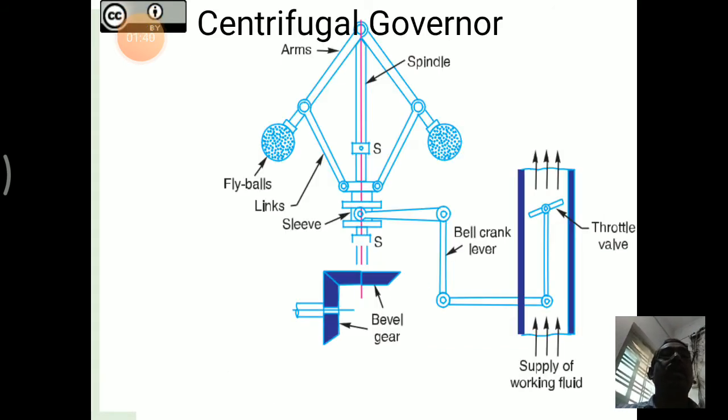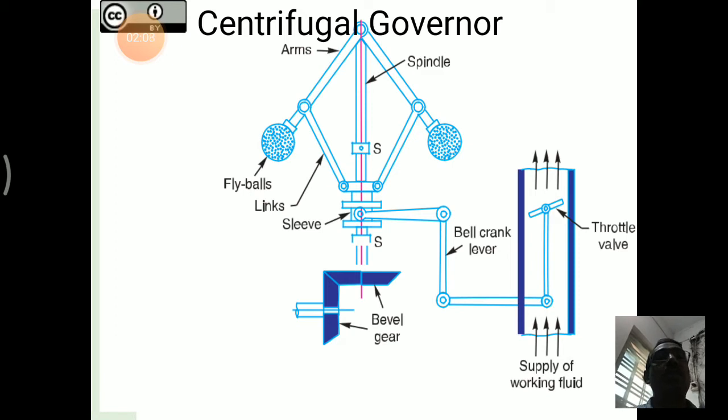Let us understand construction and working of centrifugal governor. Now this image is shown here. It consists of arms on the top which are connected to links which are mounted on the spindle.